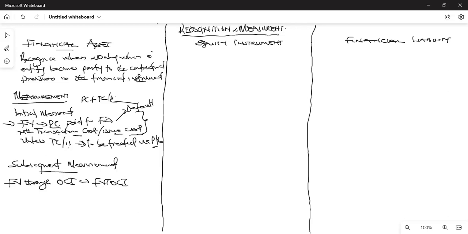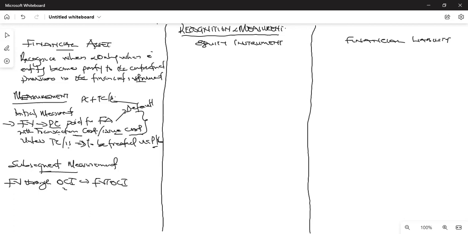It means that if you have your initial measurement at fair value with the transaction cost as part of the initial measurement, then for any subsequent valuation, any difference will go through the revaluation surplus. So you have to revalue the asset at the end of every year, and any difference, positive or negative, the positive will go to the OCI.